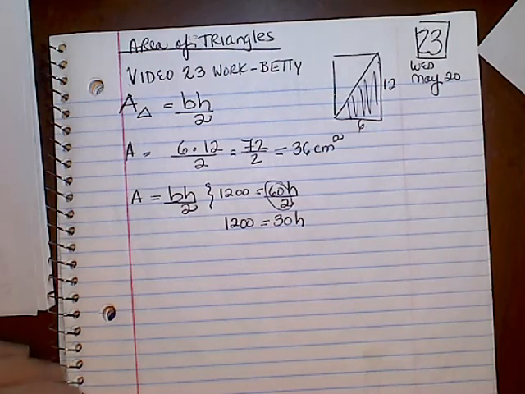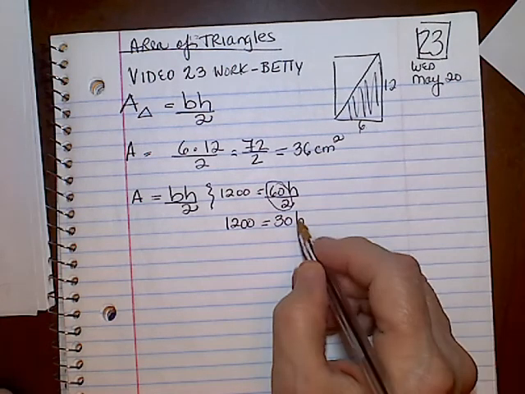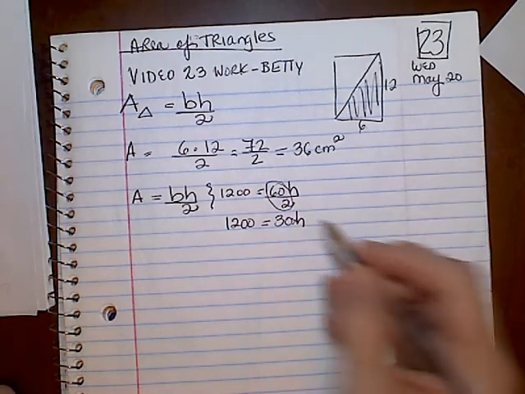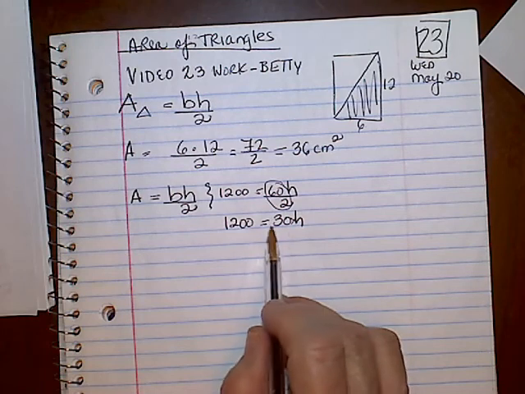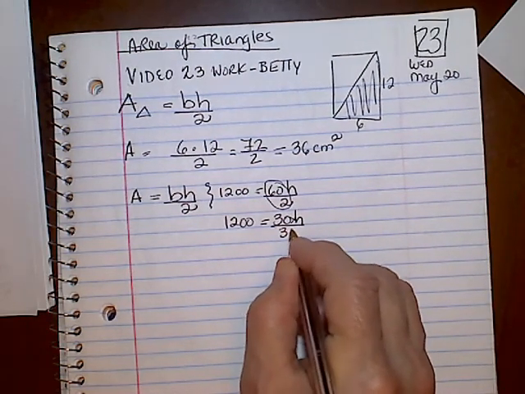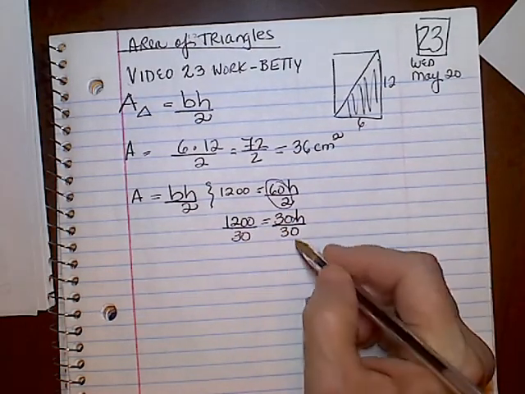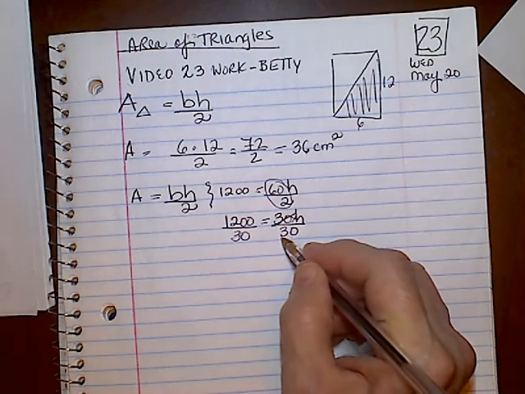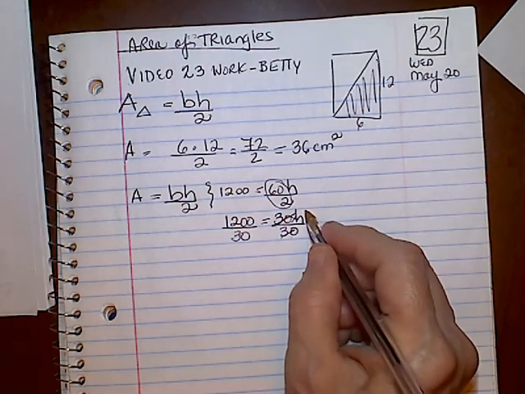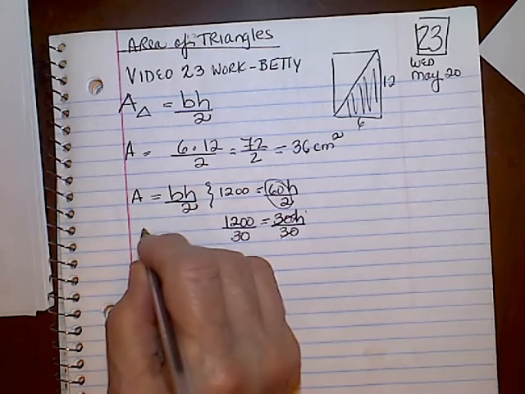And now here's where we're going to do a little algebra. I want to get the h all by itself, so we do the opposite operation. This is a multiplication, so we're going to do the opposite, which is a division. So 30 divided by 30 is 1, and 1 times h, and I'm going to move that answer over here, is h.